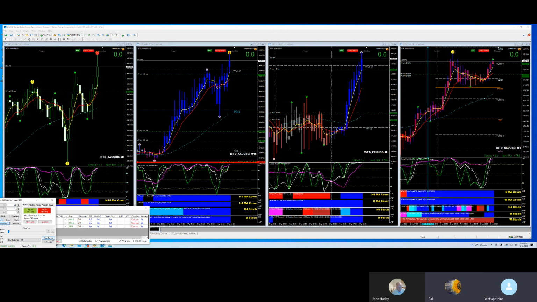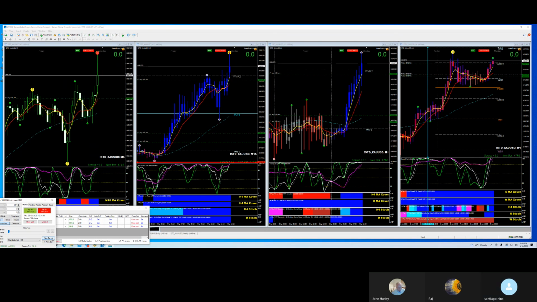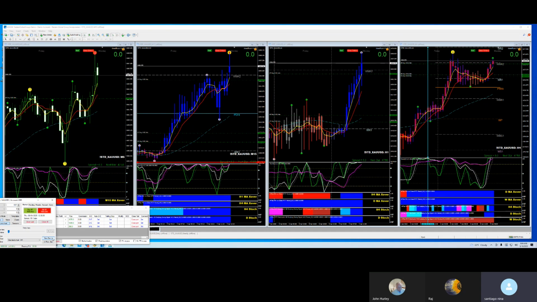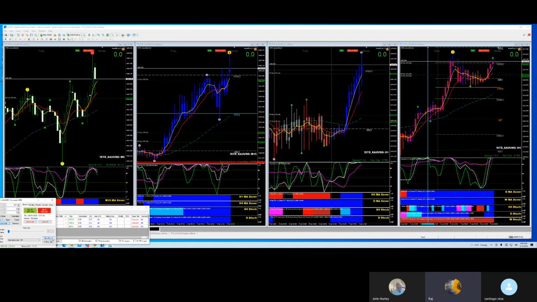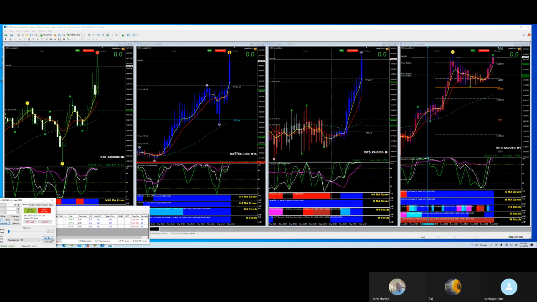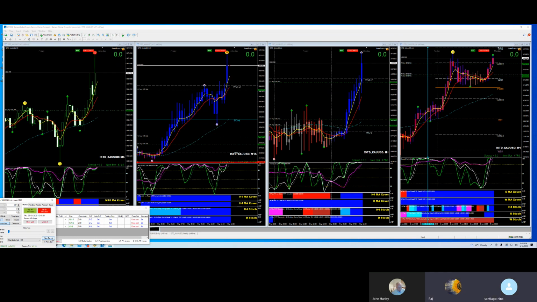Made a new high. Everything is still bullish. Starting to get more rejection now, a lot of profit taking going on. The bulls are trying to drive it up, and the sellers are saying no, no, no.